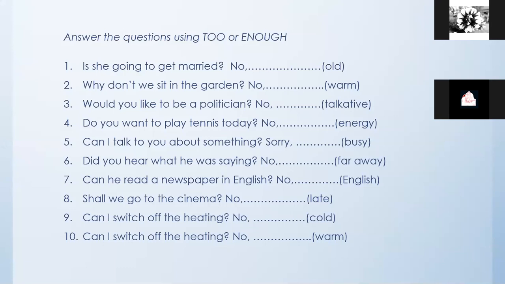Okay, number four. Do you want to play tennis today? No, I am energy enough. Is it an adjective? Adverb.